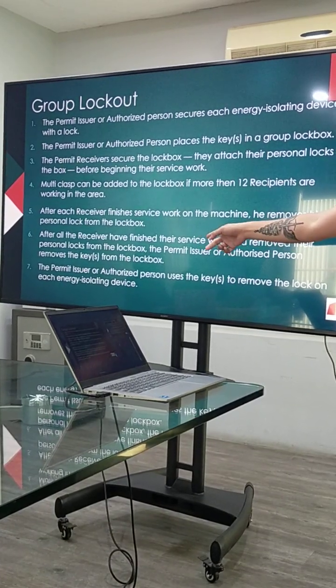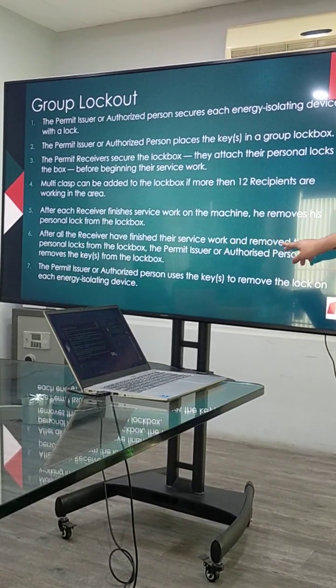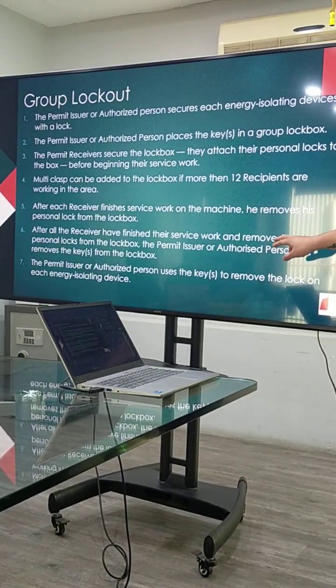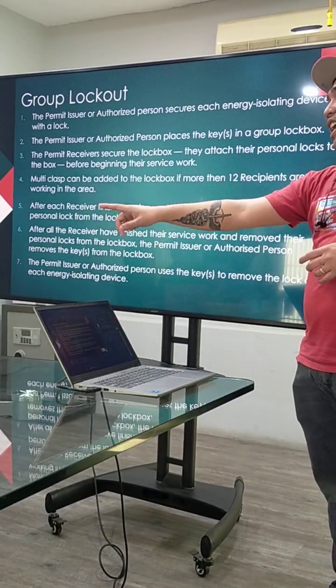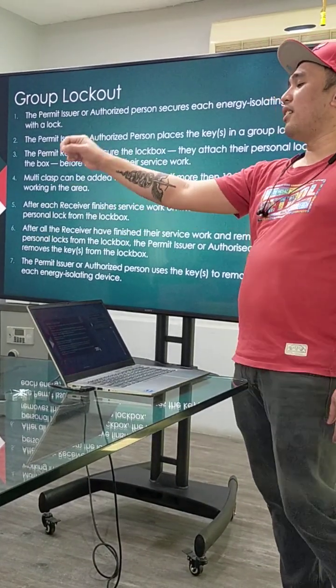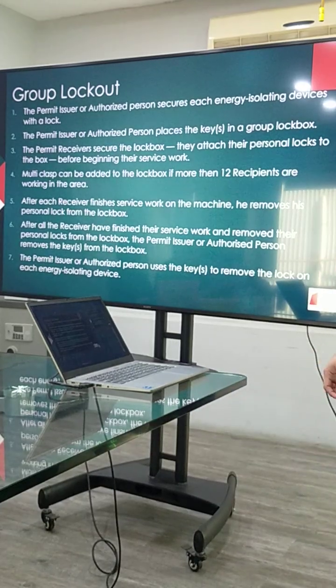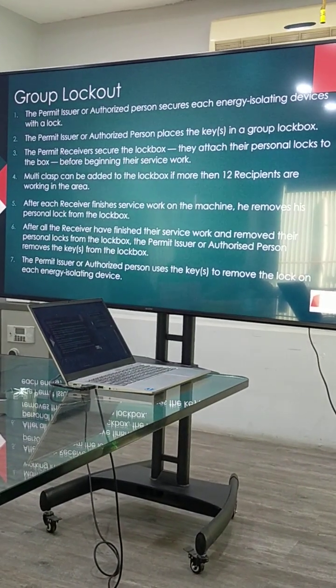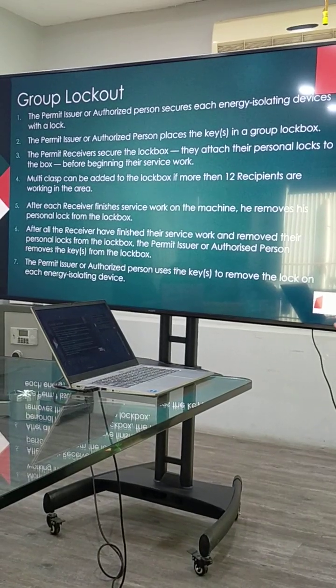After all receivers have finished their service work and removed their personal locks from the lock box, the permit issuer removes the keys in the lock box. Only the permit issuer will get the padlock inside the lock box, and he is the one responsible for removing the group lock for the main machine.